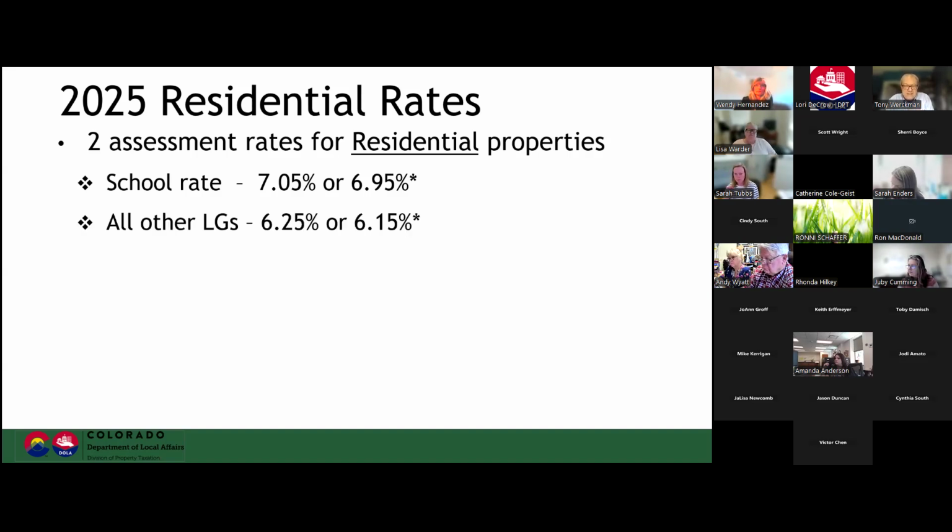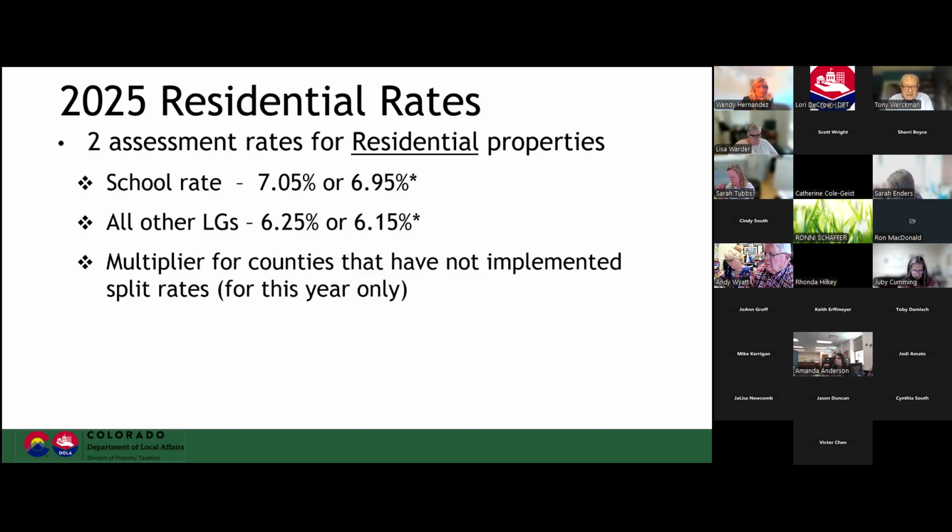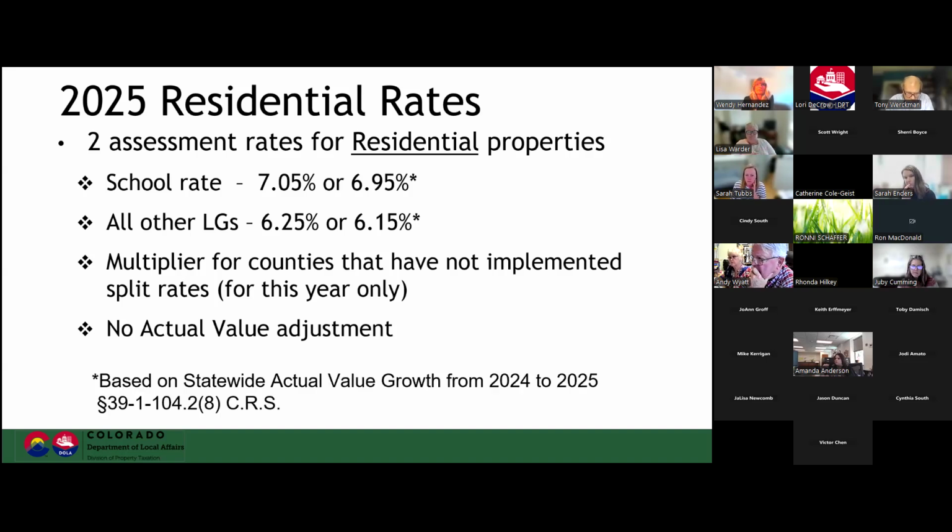The local governments are at 6.25% or 6.15%. This year, you're allowed to use the multiplier for the counties that have not implemented the split rates. And there are no actual value adjustments this year.